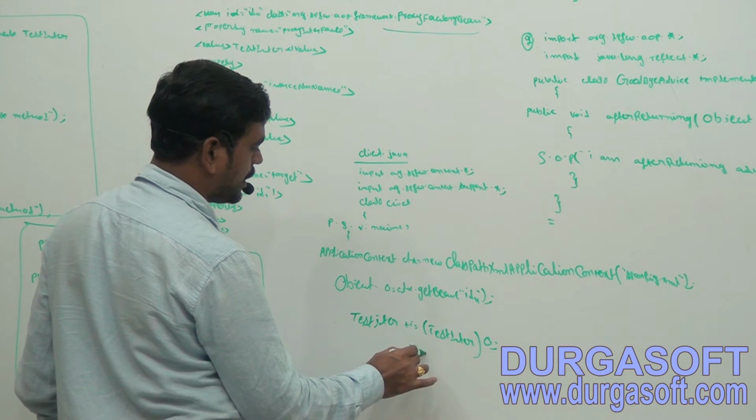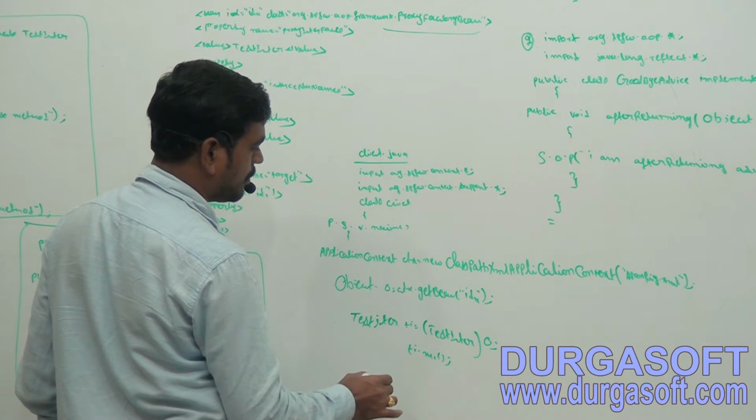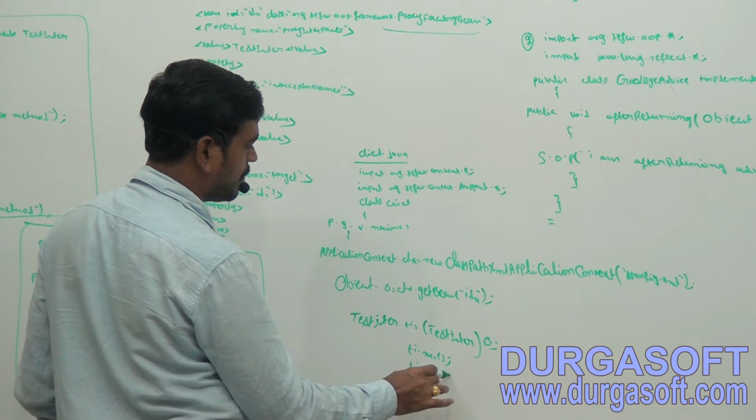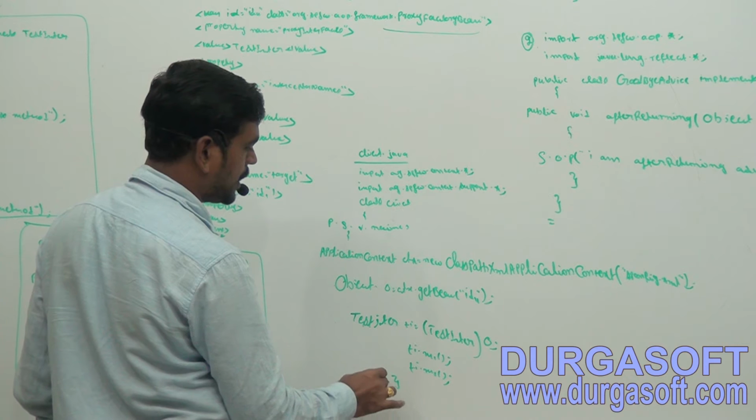Then ta.m1, then ta.m2. Then close the method, close the class.